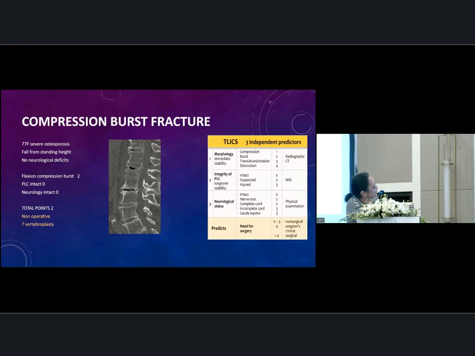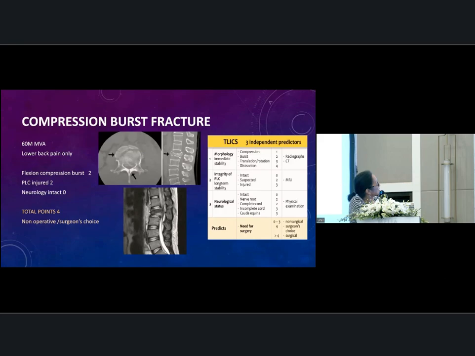We know that the posterior ligament complex is intact, so it's 0, and she's neurologically intact. So the points are 0, total points is 2, which is non-surgical, non-operative. In some centres, they might even consider a vertebroplasty if they've got a lot of pain, but that's controversial.